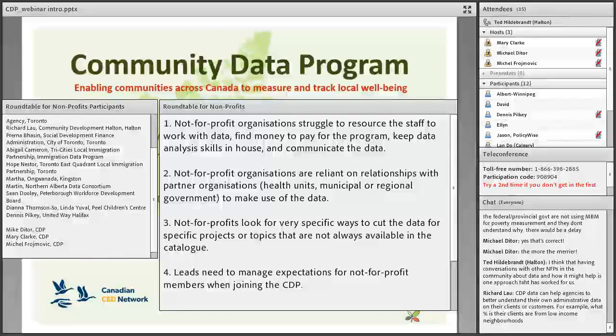And I think having conversations, if they come to us about potential data needs, or just in casual conversations, sometimes it's a marrying of their own administrative data, as Richard has talked about, and then seeing where their clients are coming from, and using, for instance, some of the census data to show here's how you can marry the data that we're accessing through the CDP with your own data. But sometimes they don't even understand that.